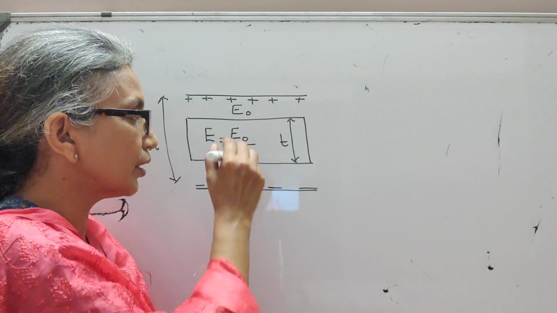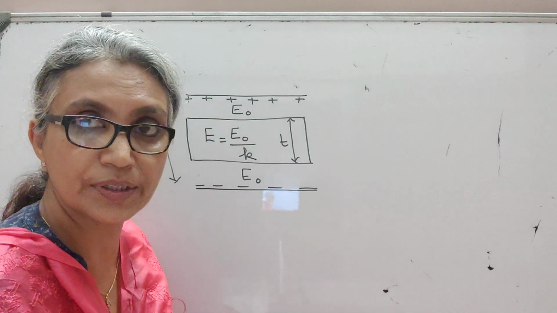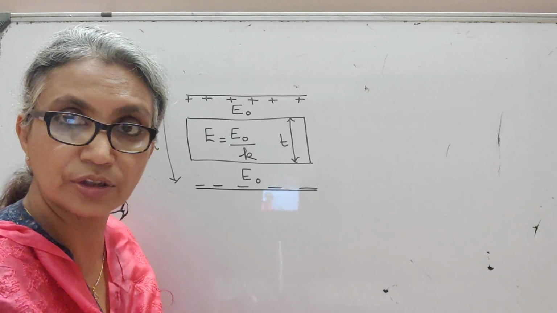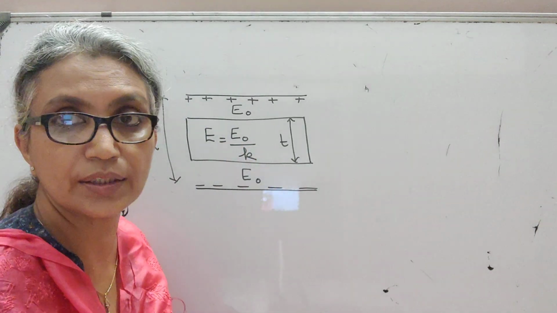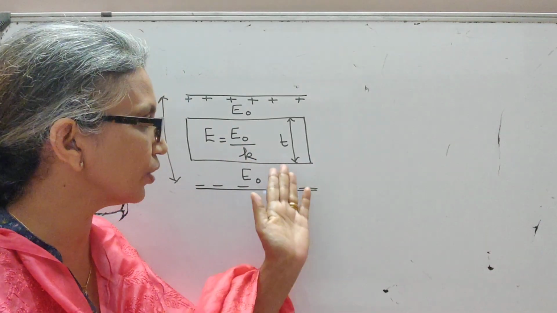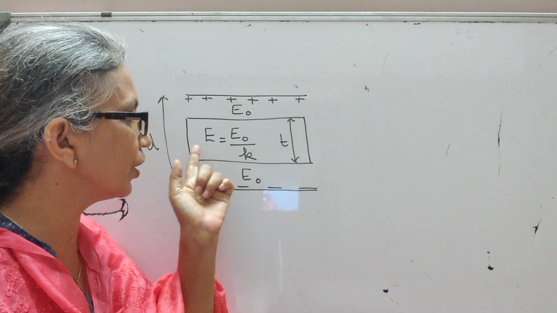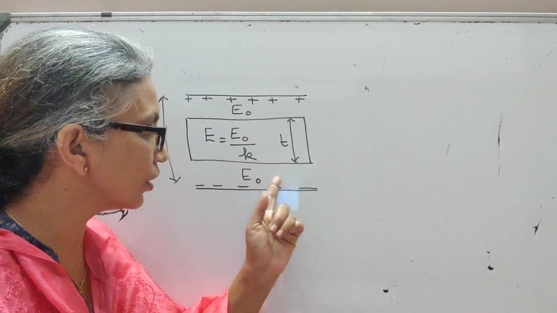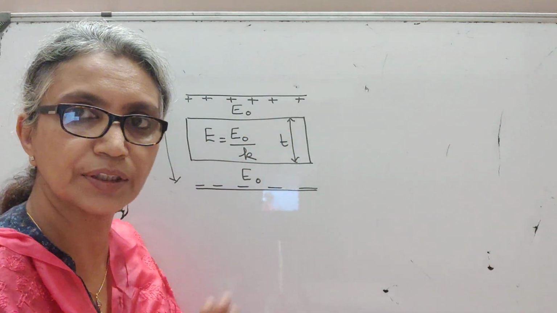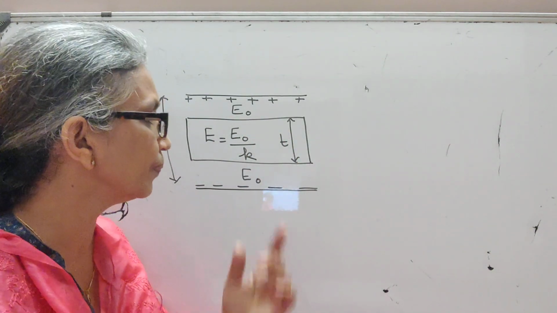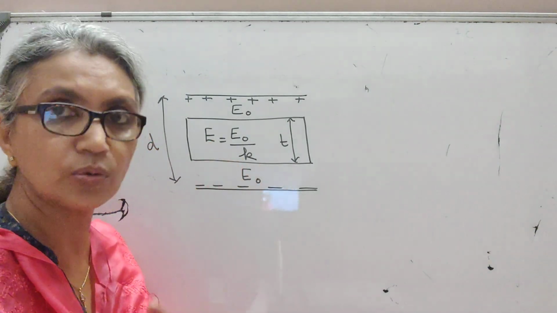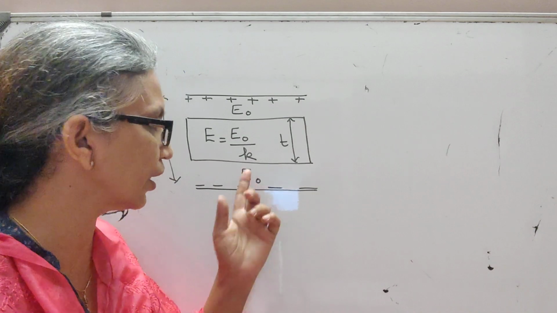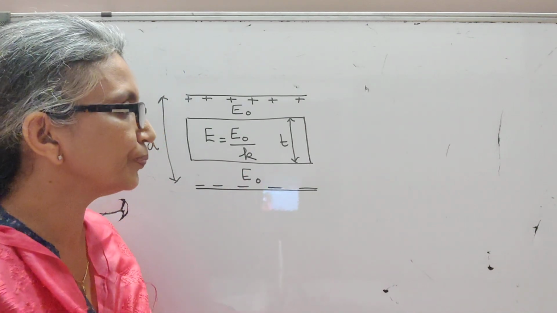But inside the dielectric, we have a new field which is in the opposite direction. So the net electric field inside the dielectric is always reduced and the new value will be E0 by K. So please go back to that video and find out how we came to this equation, E equal to E0 by K. So here and here we have air, so I have simply denoted the electric field as E0. But inside the dielectric, it's a new, reduced electric field, E0 by K, where K is the dielectric constant.